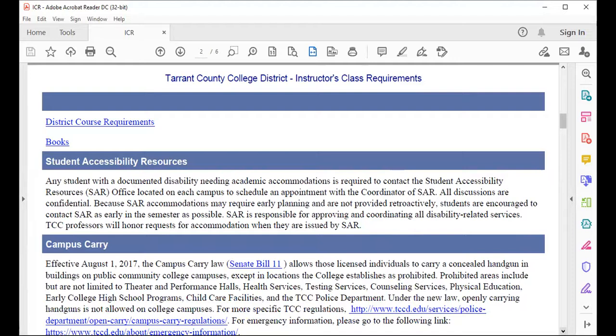Again, I want to point out, and I say this a few times in my syllabus: if you have a documented disability of any kind, whether it be physical, mental, psychiatric, vision, or any other kind of disability that could possibly affect your ability to perform in this class, I cannot do anything to help you unless you go to the SAR, Student Accessibility Resources Office, and get it documented.